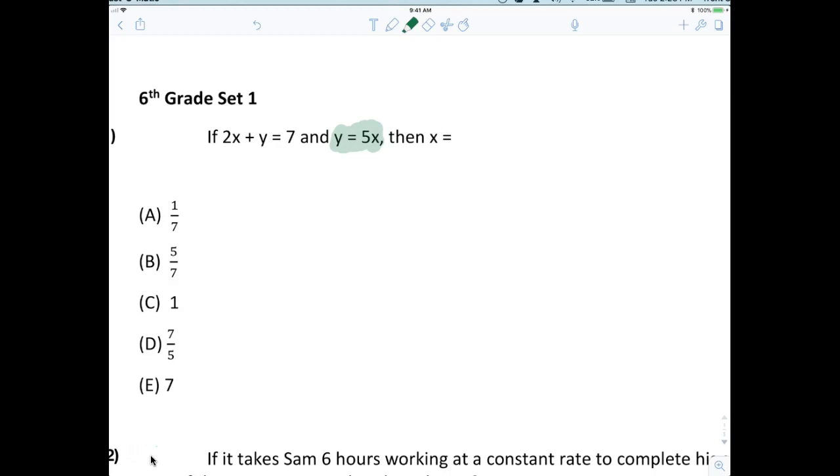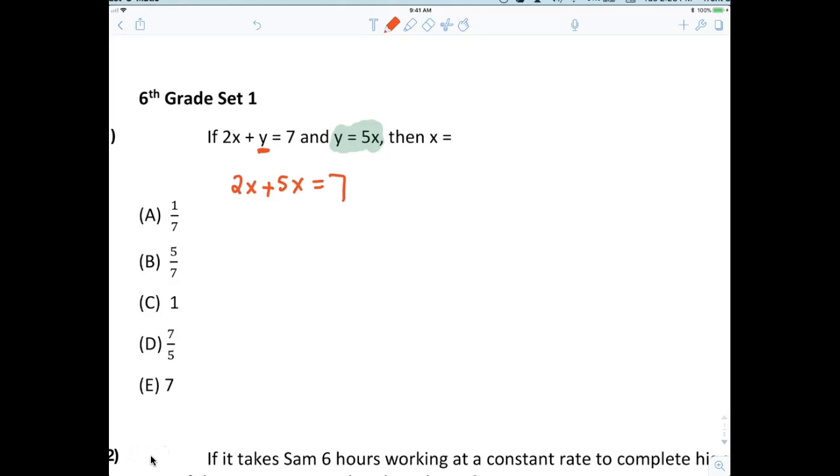So now I'm trying to show you this y right here. Does everybody see that y? I can replace that with 5x. So on your paper now, I want you to write 2x plus 5x equals 7.